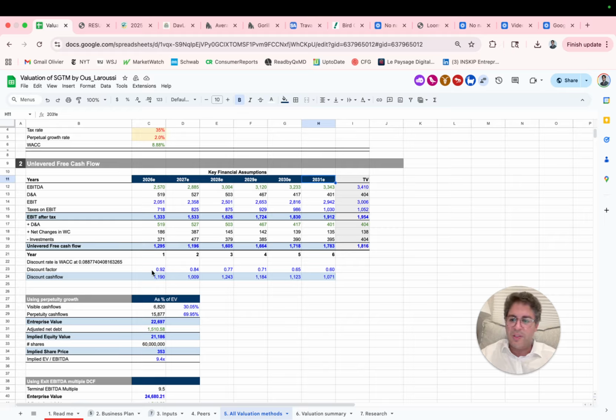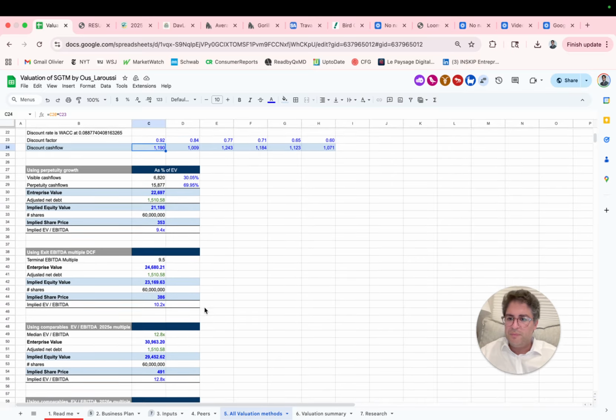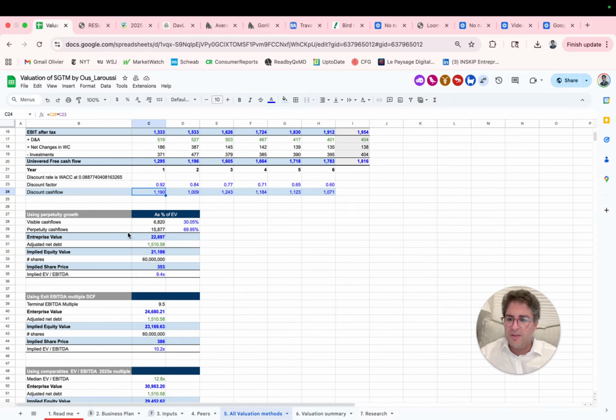So the discount rate is just the WACC, okay? And then I use this trick here: 1 year, 2 year, 3 year, 4 year, 5, 6, and then you have the discount factor. Very easy to implement, and then you just have to multiply your cash flows by the discount factor. Then this is the DCF method.